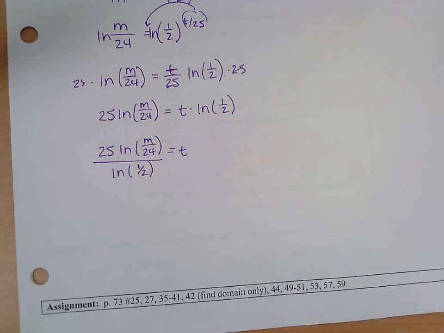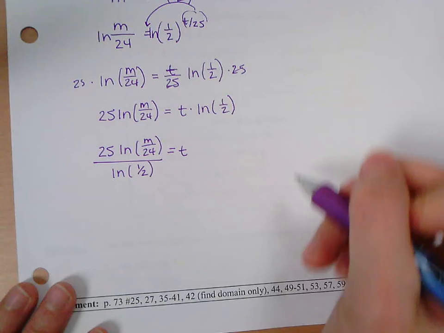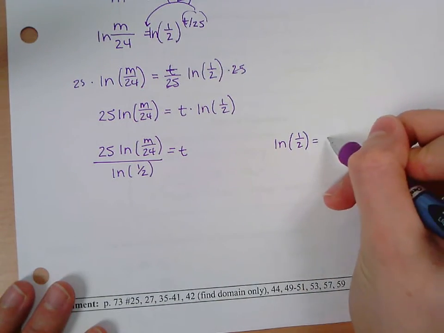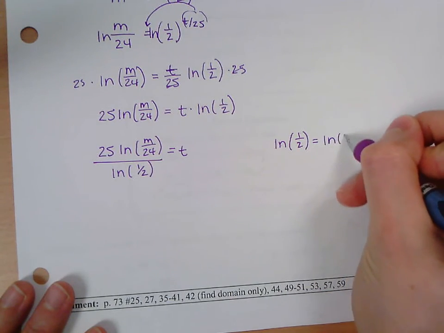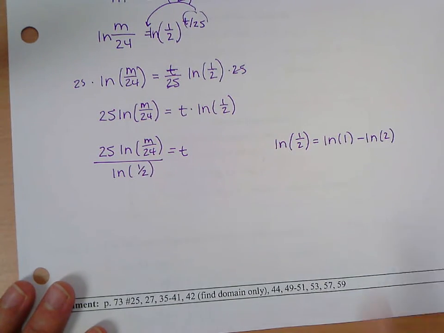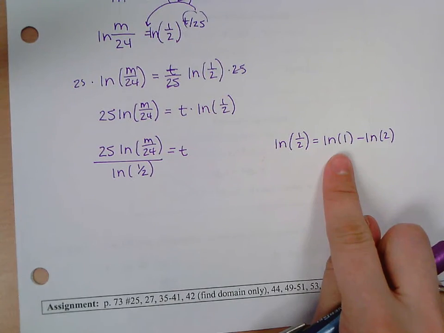So you can't do anything to combine those logs. When you have the quotient of 2 logs, you cannot rewrite that in a different form. You might see natural log of 1/2. This I can rewrite. I have the natural log of a quotient. I could write this as natural log of 1 minus natural log of 2. What is the natural log of 1? Not e, 0.